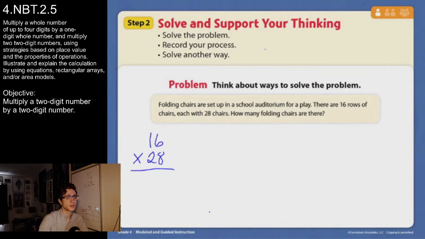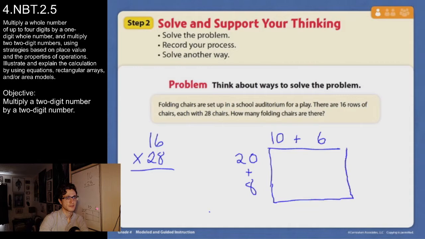We know that 16 has 1 ten and 6 ones. Now looking at 28, it has 2 tens and 8 ones.